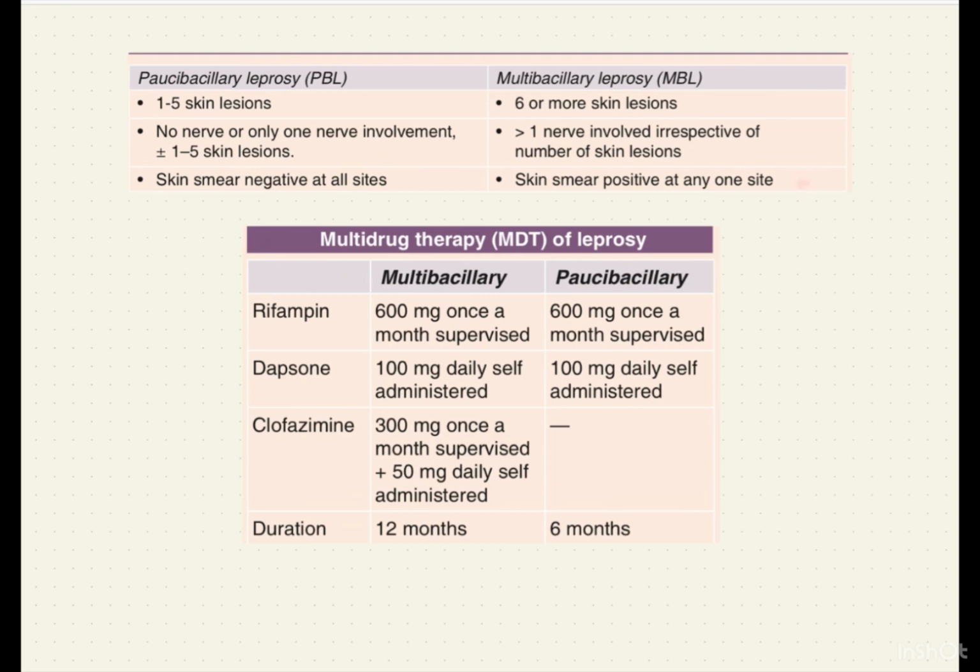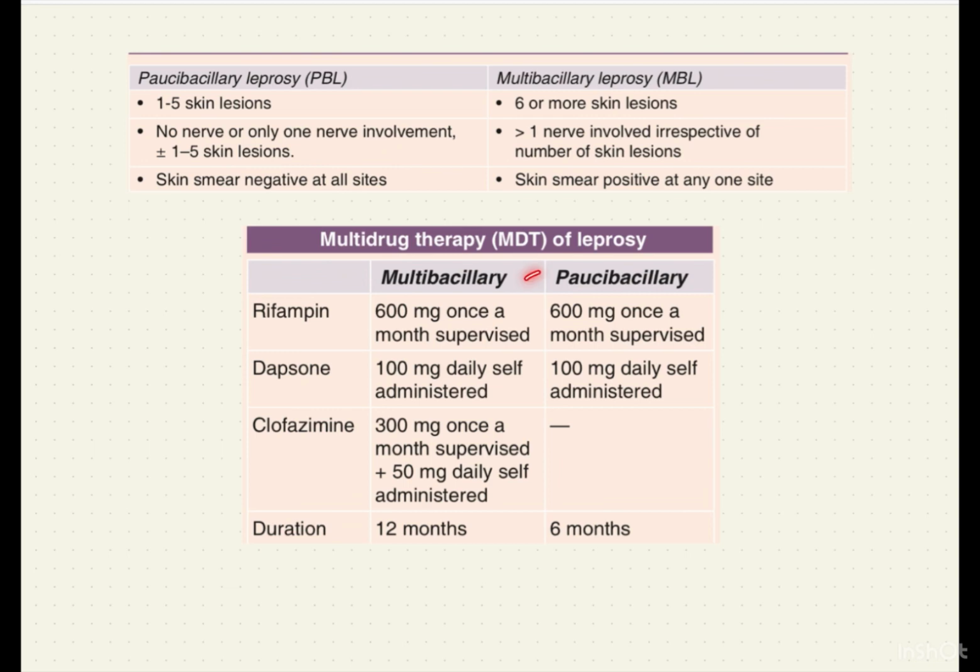Now we know what is paucibacillary and what is multibacillary leprosy. Now let us talk about the duration of therapy and the multi-drug therapy that is being followed. First, observe the duration of therapy.